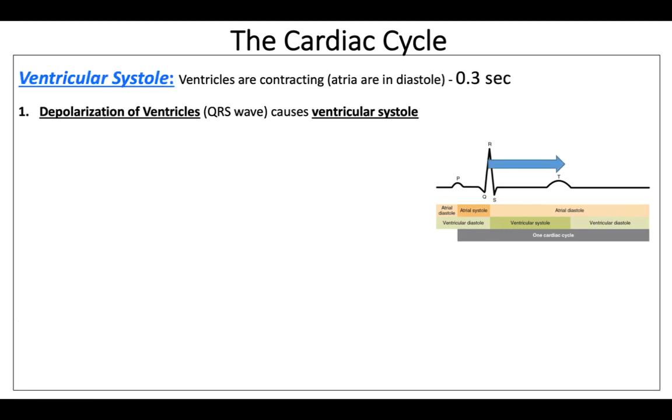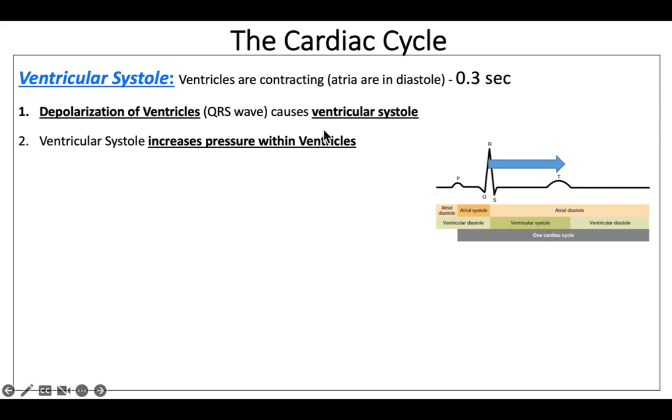So ventricular systole starts when the ventricles depolarize. We see that as the QRS. We know that when ventricles depolarize, they're going to contract. So we're going to enter ventricular systole, shown by this arrow. What's that going to do? Well, it's going to raise the pressure.